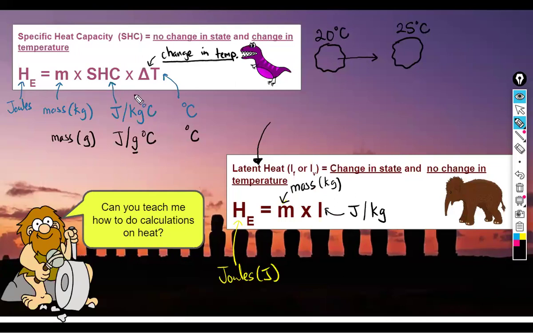But just like specific heat capacity, if the latent heat is given in grams, not kilograms, you have to make sure the mass matches up, right? So once again, latent heat is used for a change in state, and this formula is also used when there is no change in temperature, right?